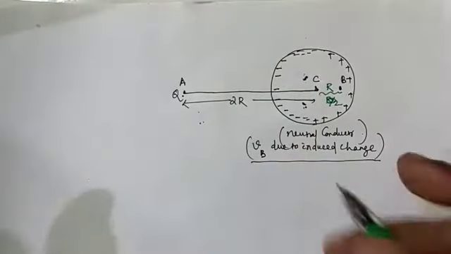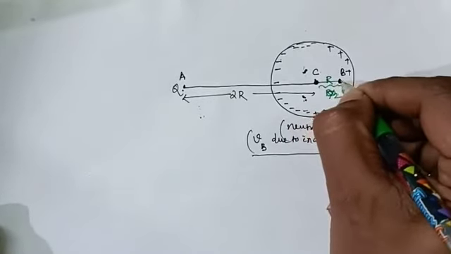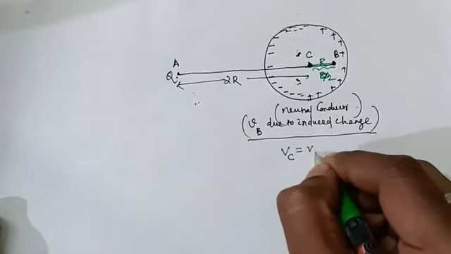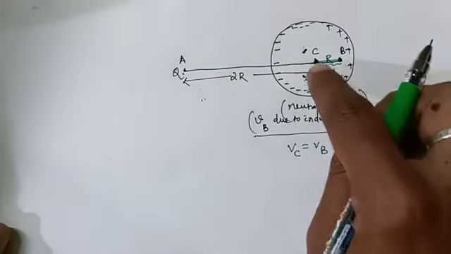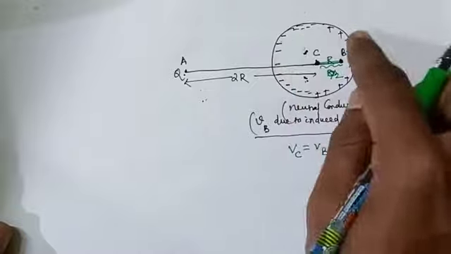Okay, let's come to the point. I know the potential of C and the potential of B remain the same because a conductor behaves like an equipotential surface. The potential of C is due to how many charges? External charge and the induced charges.